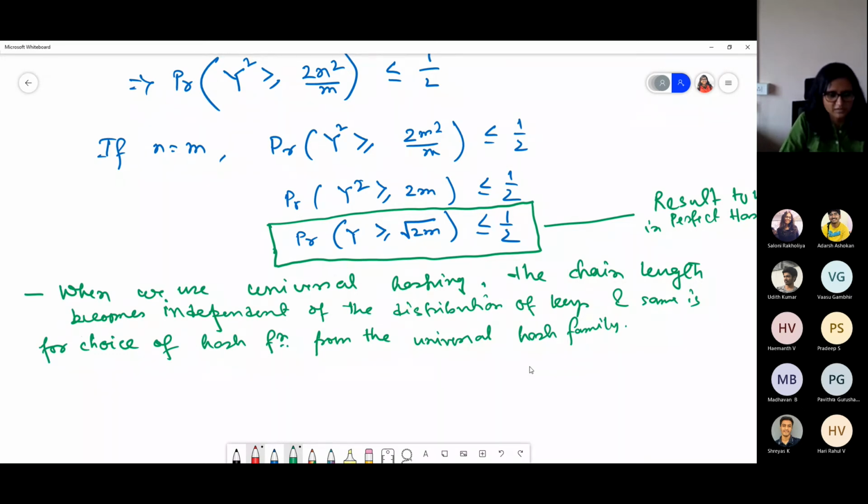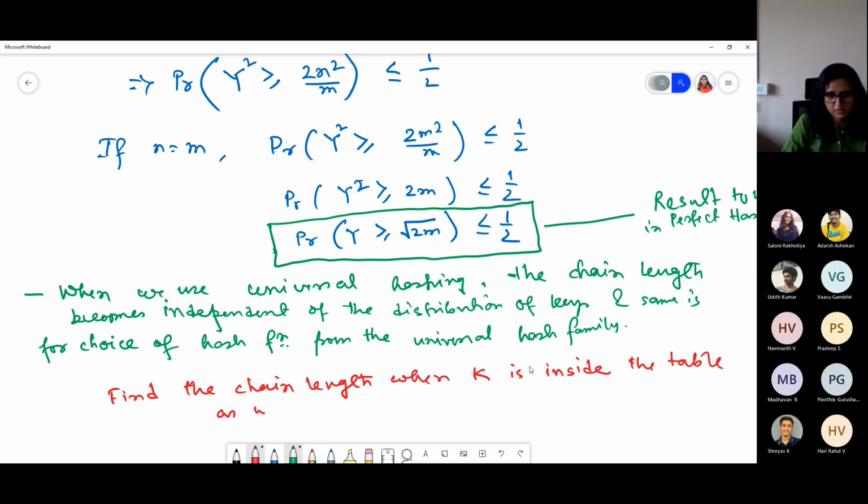So you find the chain length when K is inside the table as well as when K is not present.